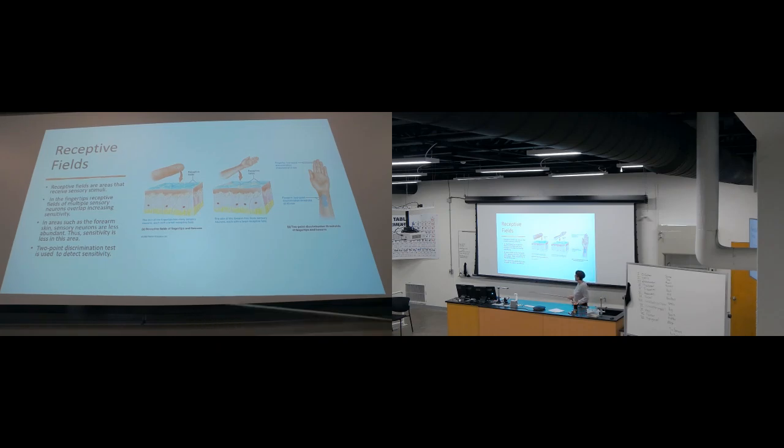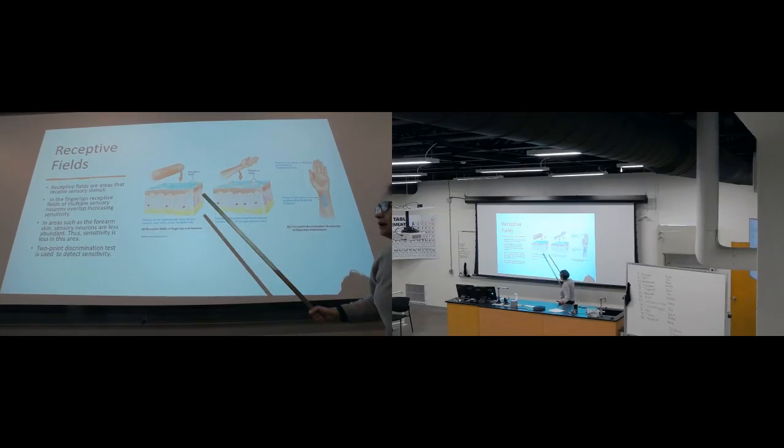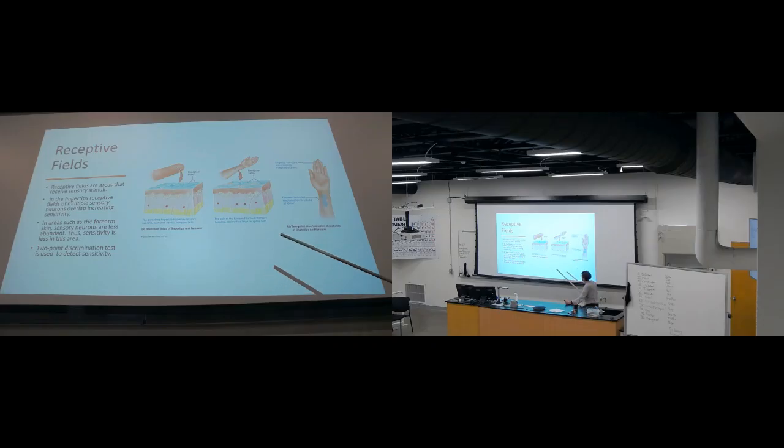And then these sensory receptors have receptive fields, which will be the area that they can monitor. Within the fingertips, we have many sensory neurons with a small receptive field that overlaps and helps us to have a lot of sensitivity.